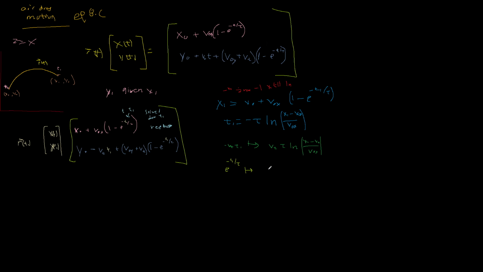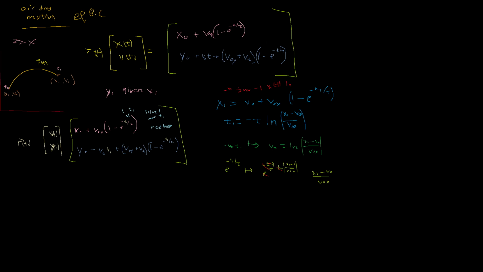This is going to turn into e to the negative tau over tau times the natural log of x1 minus x naught over v0x. Well, these cancel, and all we're left with is this guy. So this becomes x1 minus x naught over v0x.